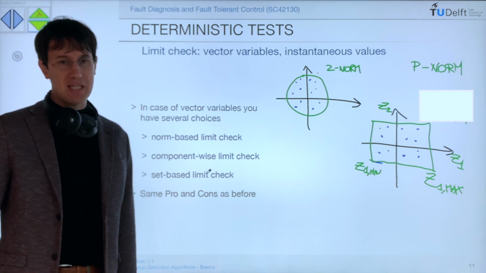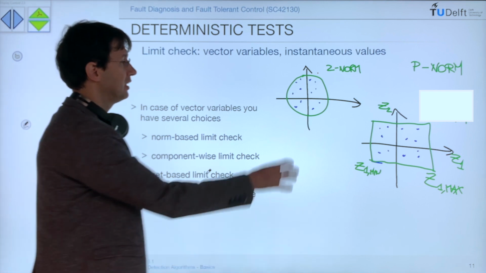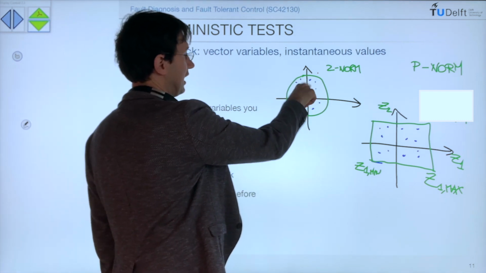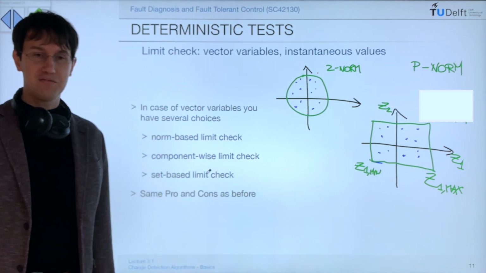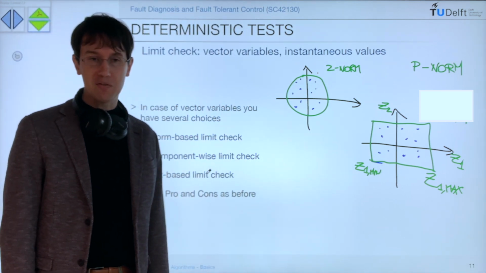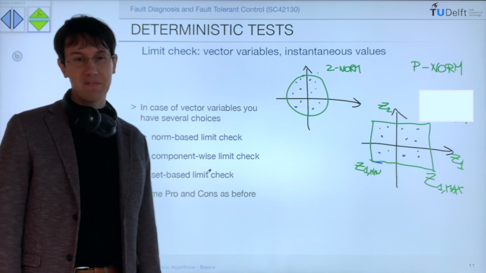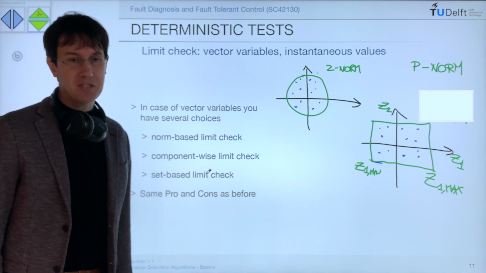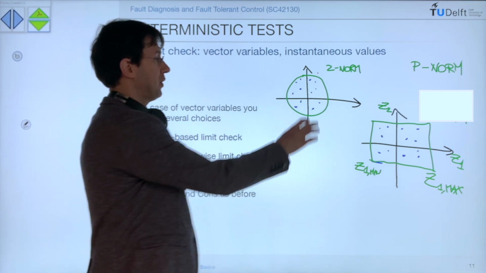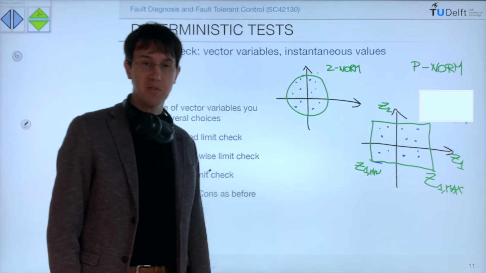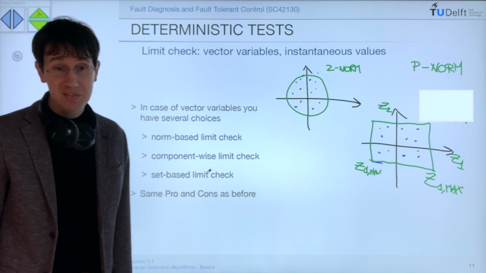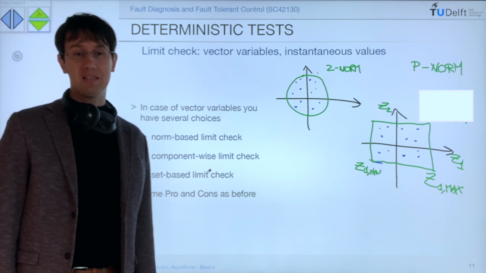So let us assume that the shape of these clouds of points representing valid, healthy values of the variable z is something complex that cannot be approximated good enough with either a circle, a square, or some other shape in between. Then we can introduce a set-based approach.